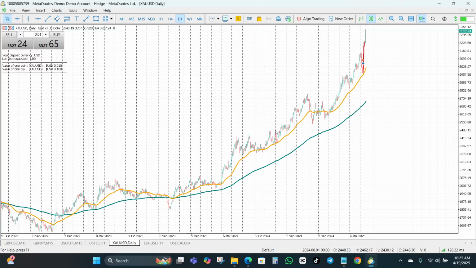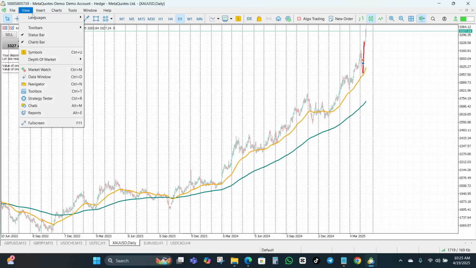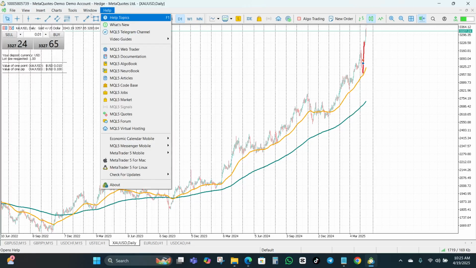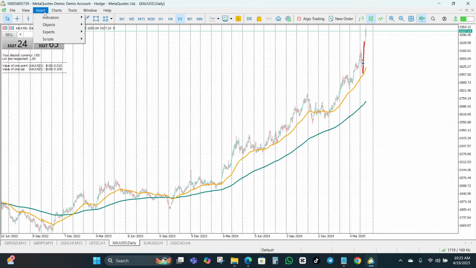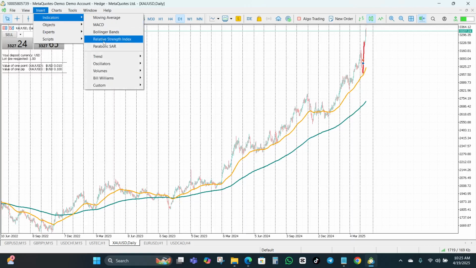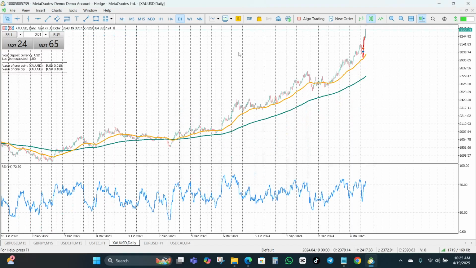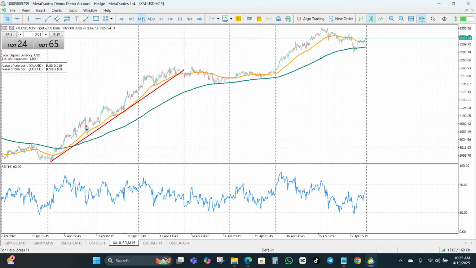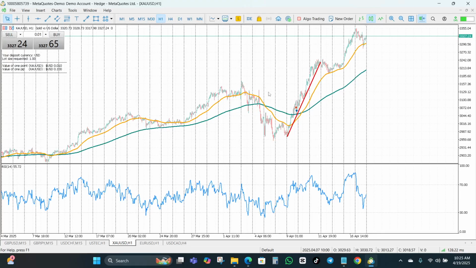Now, the next indicator that we are going to be looking at is the relative strength index. It is another popular indicator that is really beneficial when trading gold. When gold is overbought or oversold, the RSI is your early warning system.